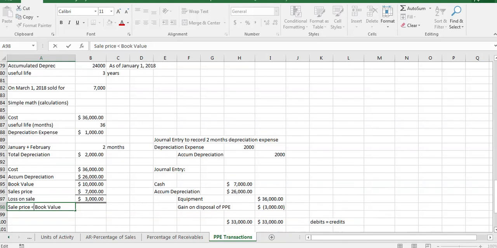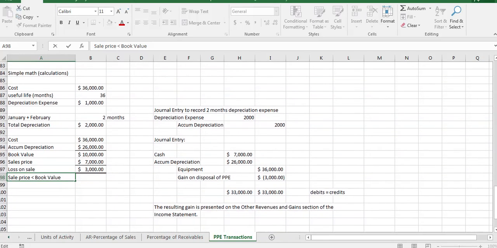First, we got 7,000 for cash. Accumulated depreciation stayed the same, 26,000. The equipment, the historical cost is 36,000. So we have pretty much everything set up, but we have to take care of the gain on disposal that we had before.